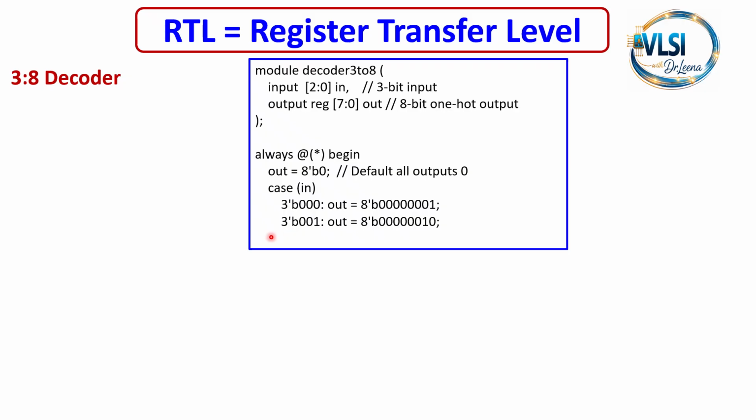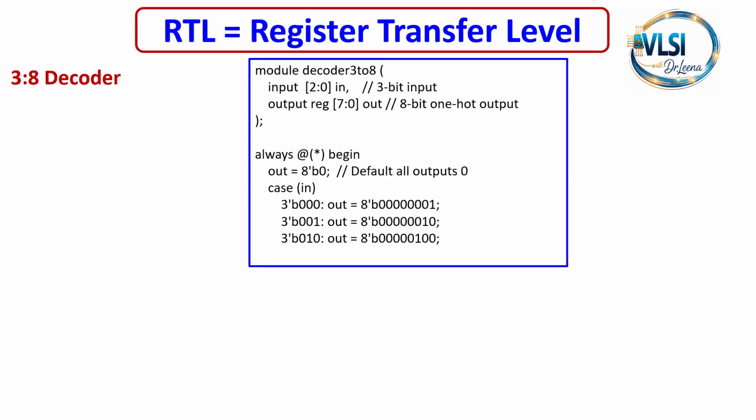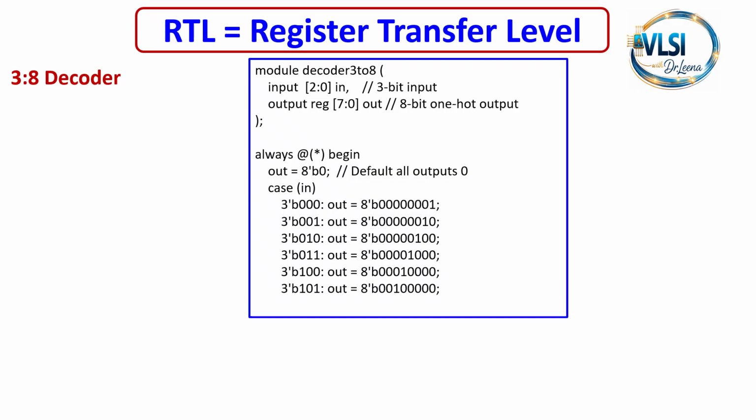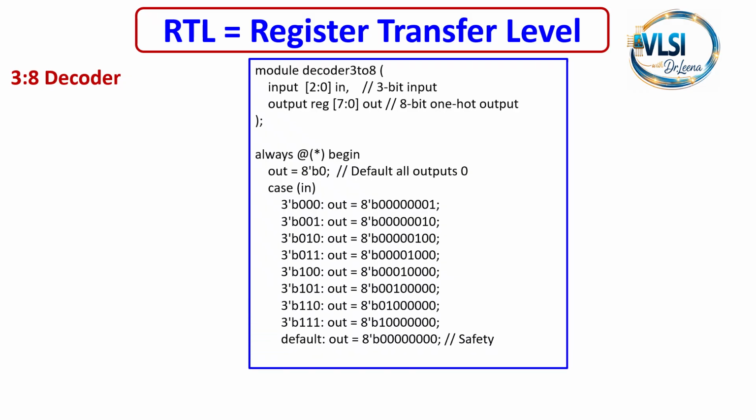And next condition is 3-bit binary 001. When this is given, it selects 00000010, that is OUT 1 will be high. And similarly for the next condition, OUT 2 will be high. Similarly, it will continue for every condition.